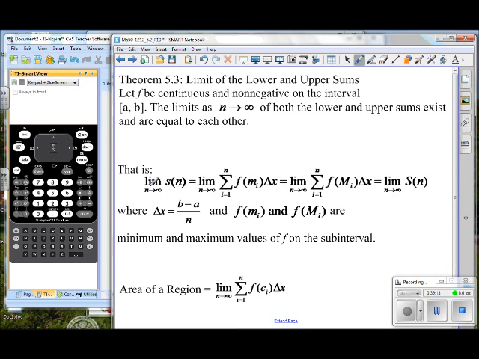That if we look at the limit, as n goes to infinity, of the sum under the curve, the limit of the underestimated area, and we take the number of rectangles to go to infinity, that would be the same thing as the overestimate of the area.